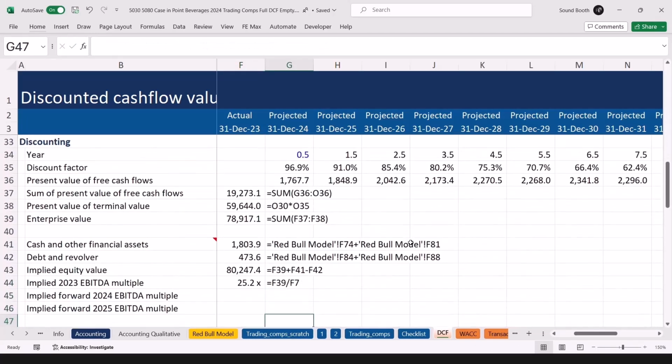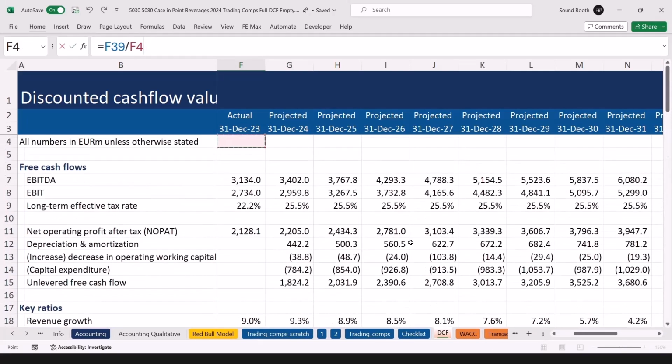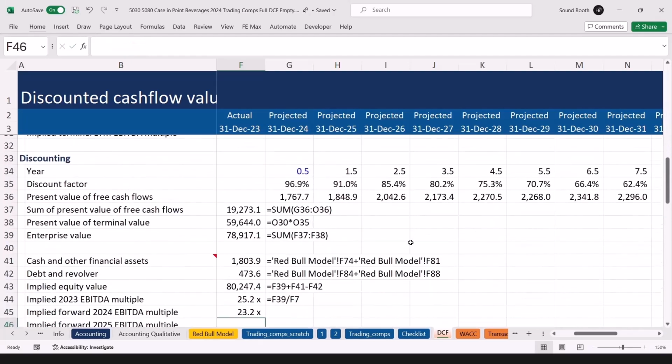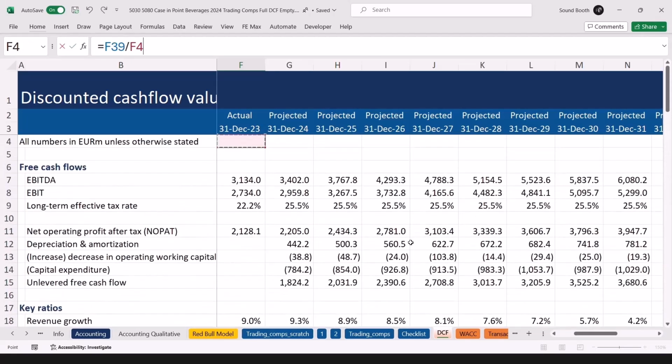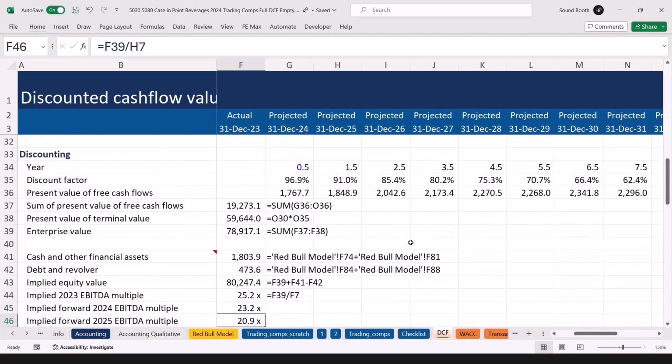And then I've got some forward multiples here. Again, the enterprise value divided by the EBITDA in 2024, and then the enterprise value divided by EBITDA in 2025. And you can see that the multiple is declining, which is what you'd expect. But the key thing to do now is compare that 2023 EBITDA multiple to the implied terminal value multiple.